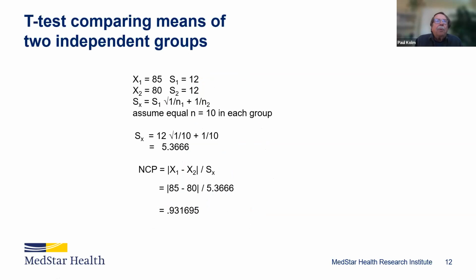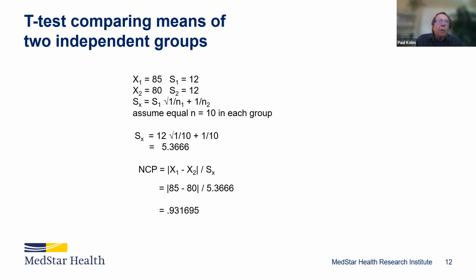So let me give an example here of just doing a t-test for independent groups. We have two means, 85 in group 1 and 80 in group 2, with a standard deviation of 12 in each group.